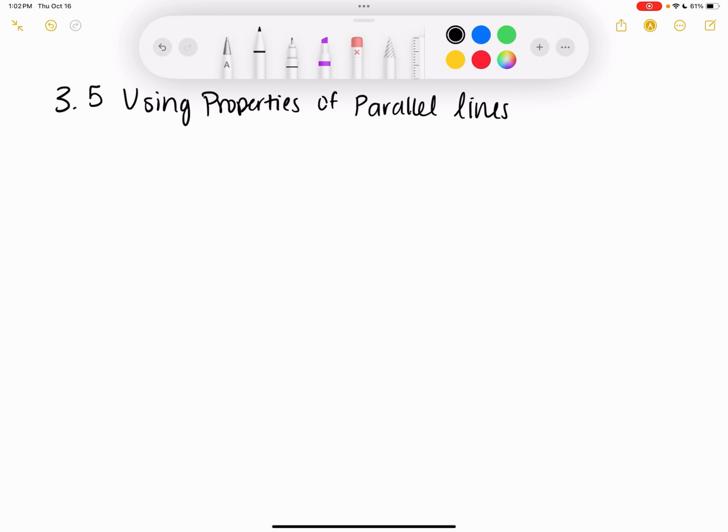So the first one says to state the postulate or theorem that allows you to conclude that J is parallel to K. So in number 8, we're given that J is parallel to N and K is parallel to N. And our lines look something like this.